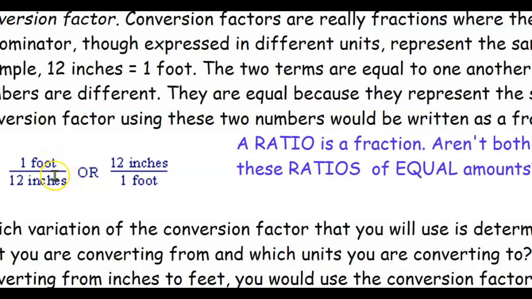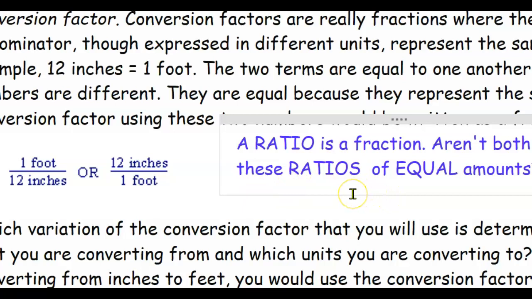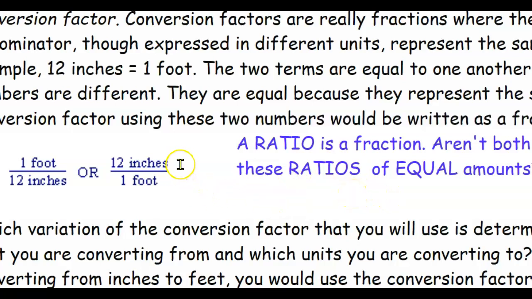So this length is equal to this length. A ratio is a fraction, and aren't both these ratios of equal amounts of length? The numerator and the denominator are equal amounts of length, whether expressed with foot on the top, or with inches on the top.